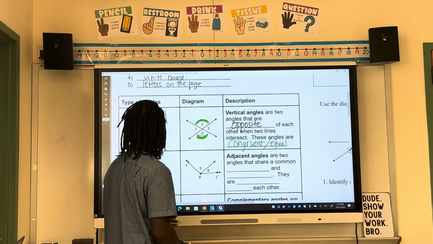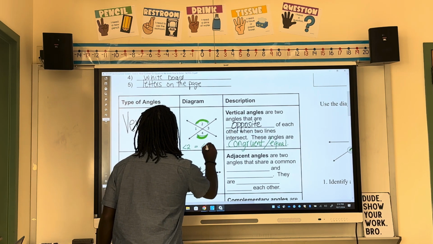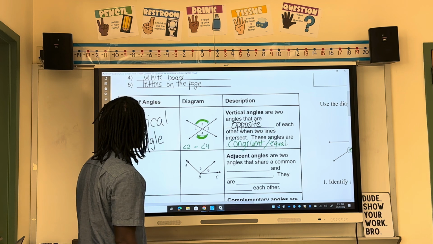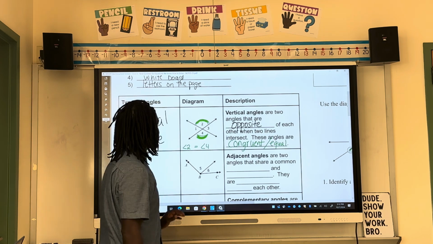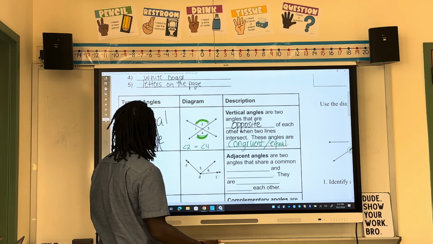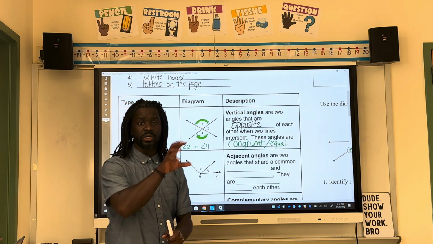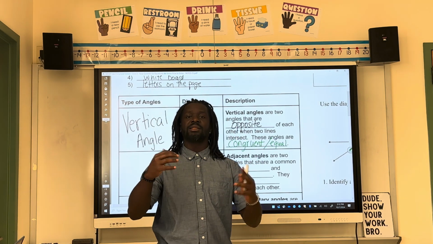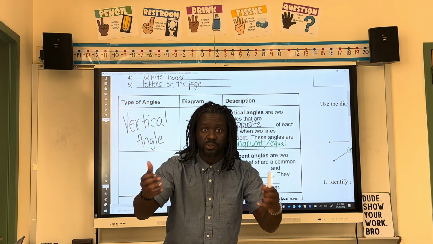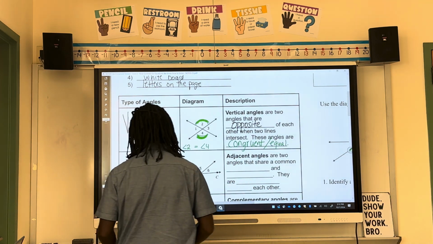They are equal. In other words, angle 2 is equal to angle 4, and they are also vertical angles. That's the relationship. Angle 1 is also equal to angle 3, and they are vertical angles. So when two angles are opposite from each other, they are called vertical angles, and they are congruent, or equal to each other.